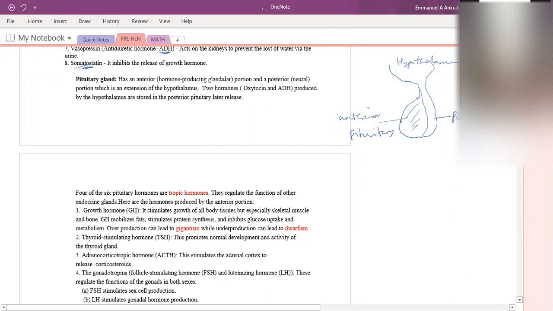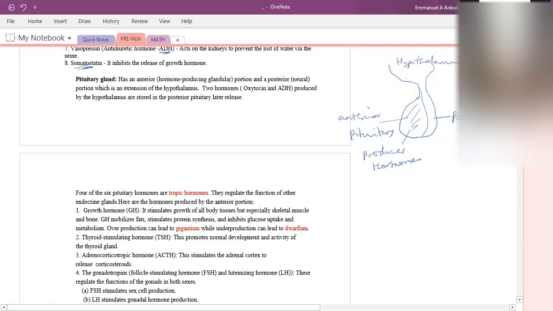Remember that the anterior part produces hormones. So here, it produces hormones. That's what you should remember for the test. And then the posterior part, it doesn't produce hormones.